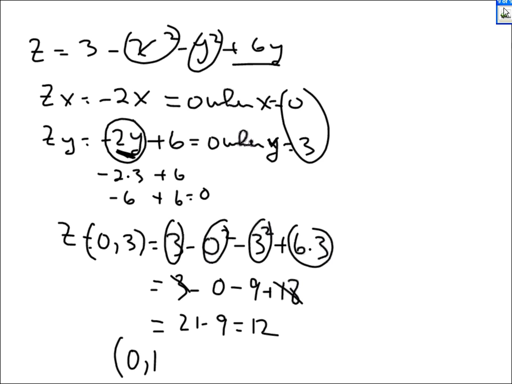So the point that we're looking for is 0, 3, 12. That is the point on the graph where the tangent plane is horizontal.